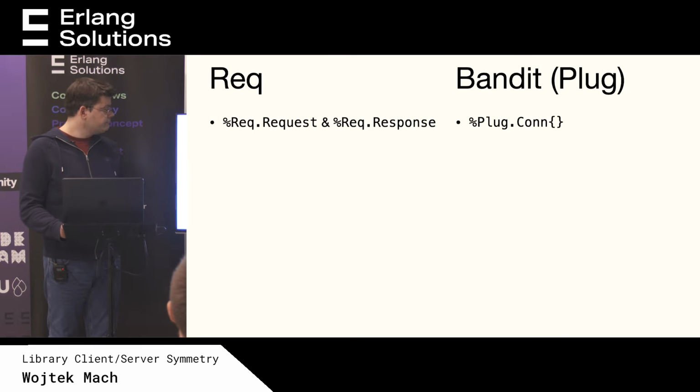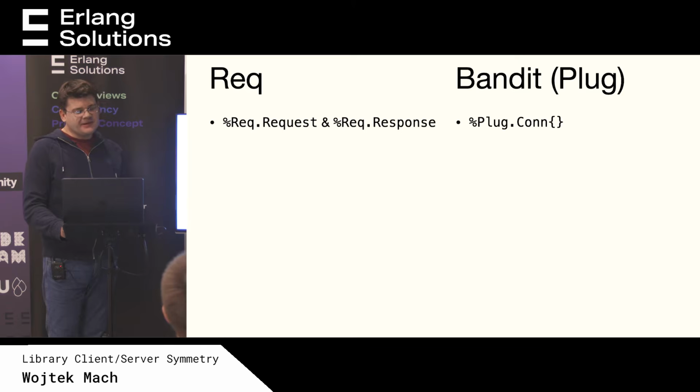So this was just a short overview of Rec and Bandit. In Rec, we have two structs. We have request and response. In Plug, we have one. I would say that having two different structs is maybe more popular. I did mention that I use Finch, so Finch has two structs, so I kind of started with those.